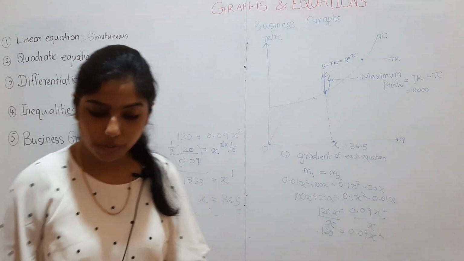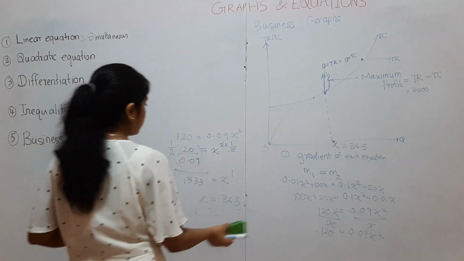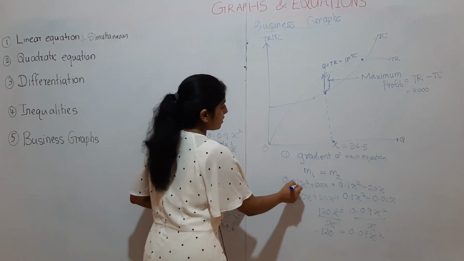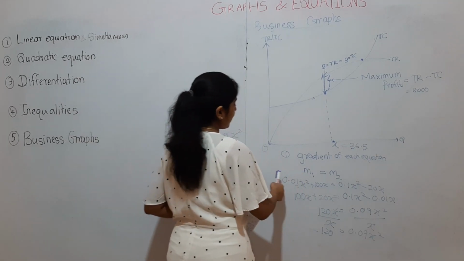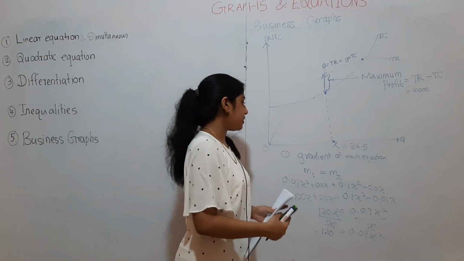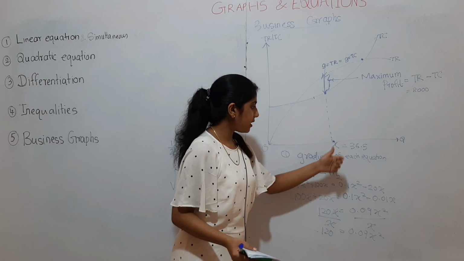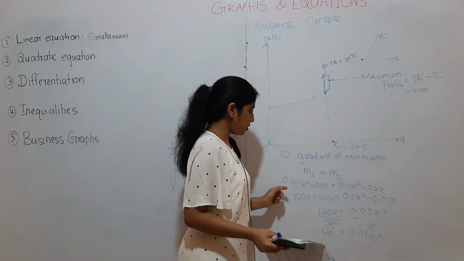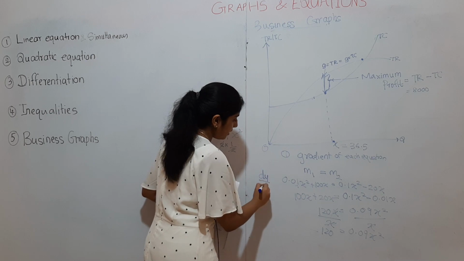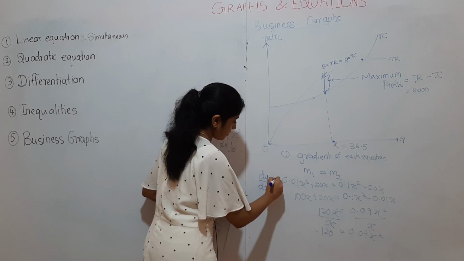Let's find the maximum profit then. So x is 36.5. We should then find the original equation. They haven't given it here, and we should not apply the x value to this equation, because these equations are for dy divided by dx.